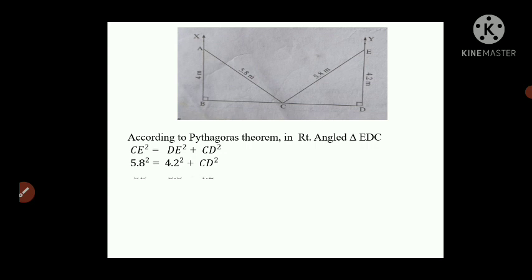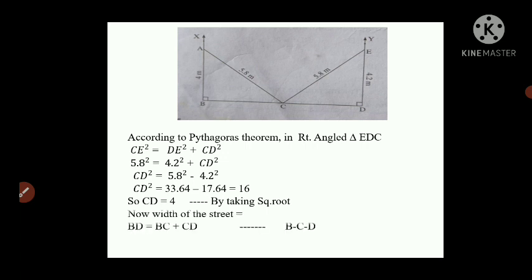So now when I change the side, CD square is equal to 5.8 the whole square minus 4.2 the whole square. Now 5.8 into 5.8 will be 33.64 minus 4.2 into 4.2 will be 17.64. So 33.64 minus 17.64 will be exactly 16. So by taking square root, CD will be 4.